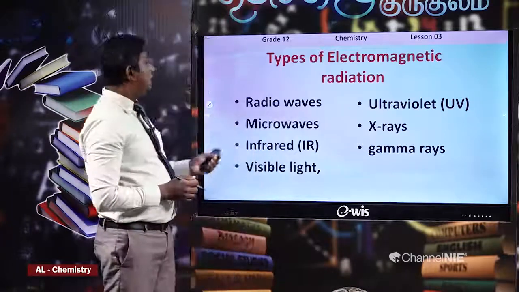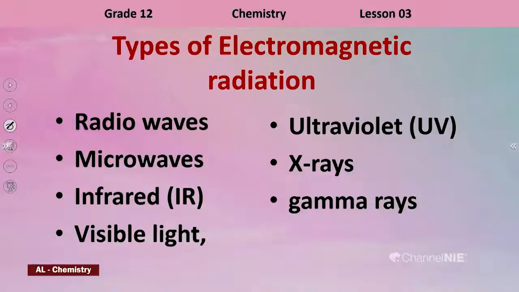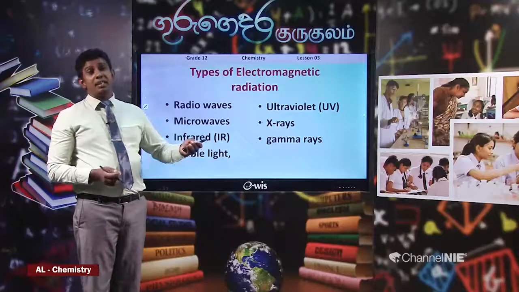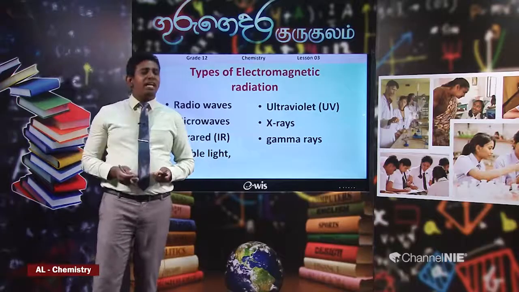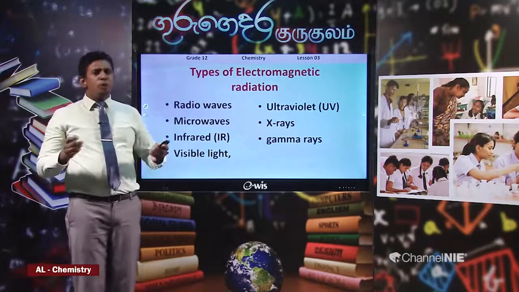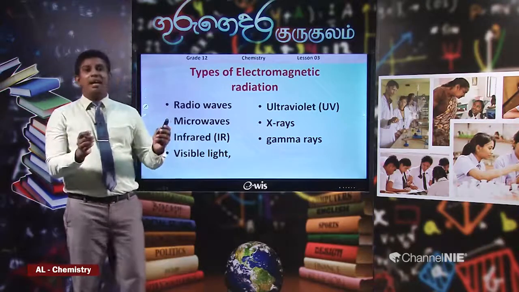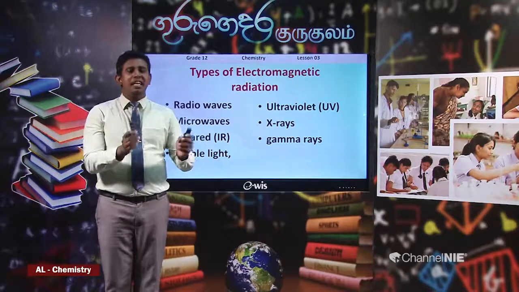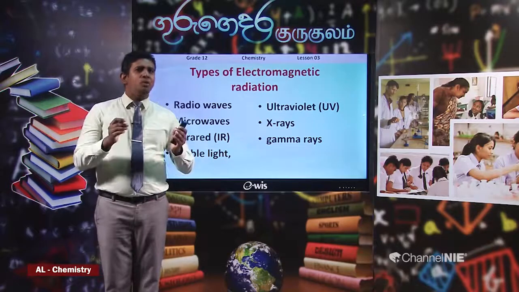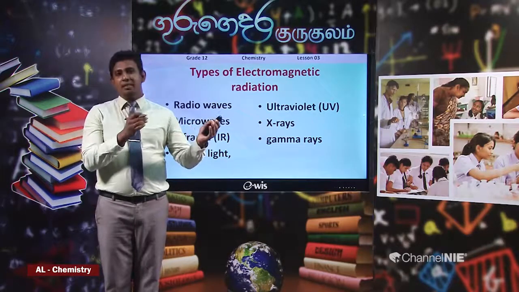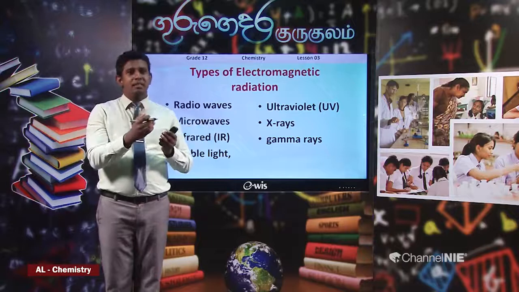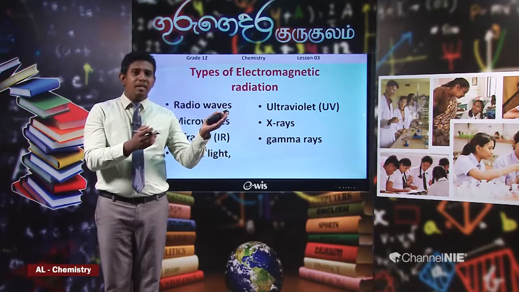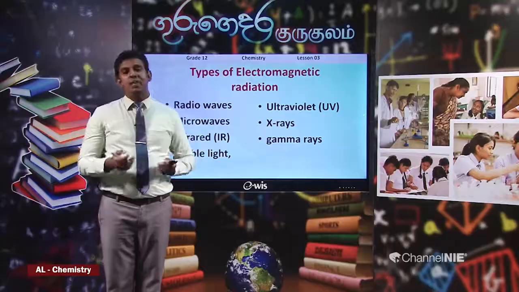So radio waves, microwaves, infrared, visible light, ultraviolet, X-rays and gamma rays are a few such categories of electromagnetic radiations. Hope you could understand what these electromagnetic radiations are and how they vary from one to another in wavelength as well as frequency.